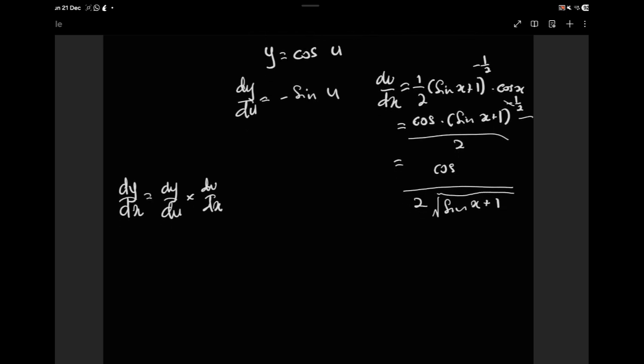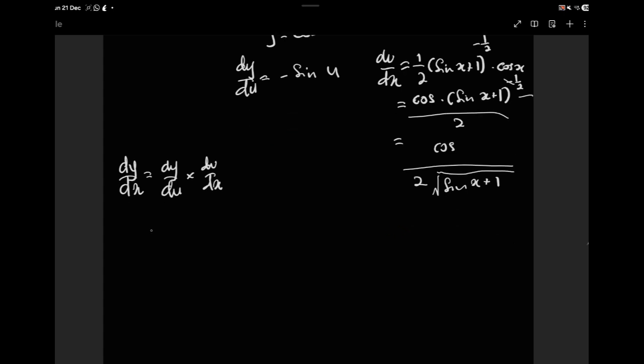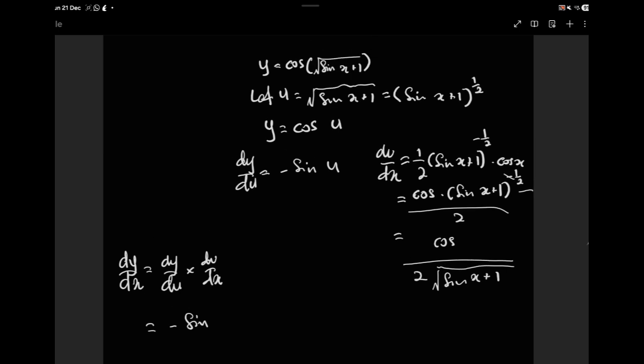So now that we have the two derivatives, next we can just multiply them together. So we're going to have negative sine u, or we can just expand it again. U is equal to what? U is equal to this whole thing we have defined before.